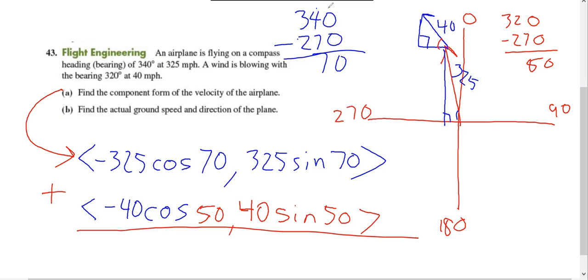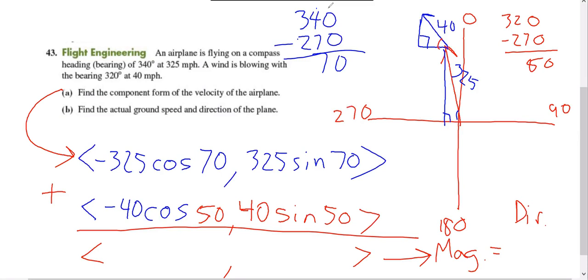So in other words, we have to find the components of these added together, and then after that, we want the magnitude and the direction of that. Since they're dealing in bearings, I'm guessing they want it listed in bearing form, so I would have to keep that in mind when doing this.